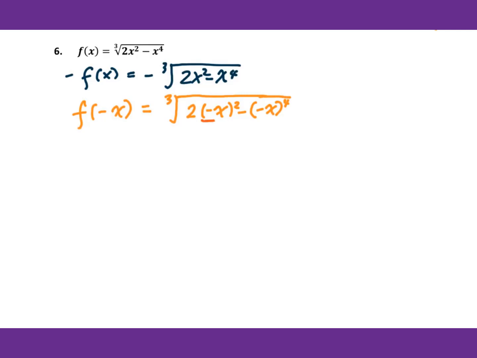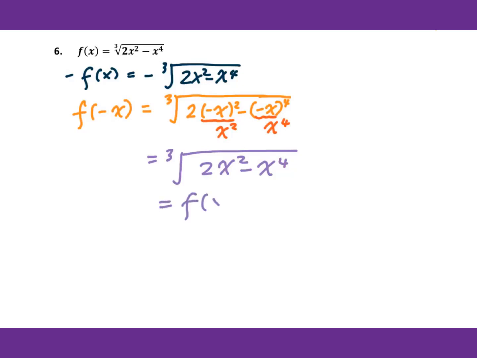Then we work out this negative x squared, that is x squared. Negative x to the 4th power, that's x to the 4th power. Therefore, we got cubic root of 2x squared minus x to the 4th power. That equals the original function. Therefore, it is an even function, and the graph is reflected across the y-axis.